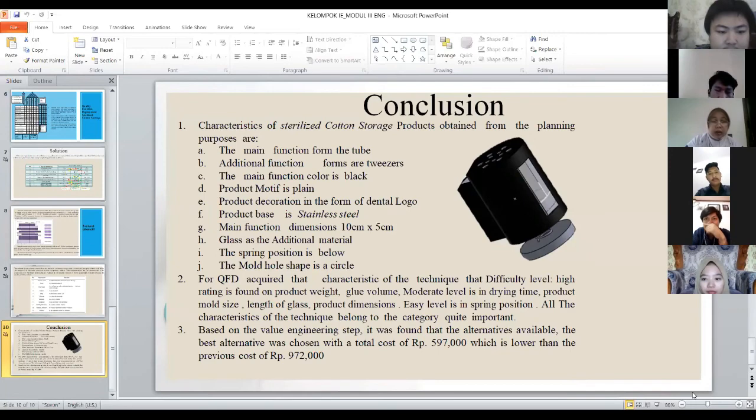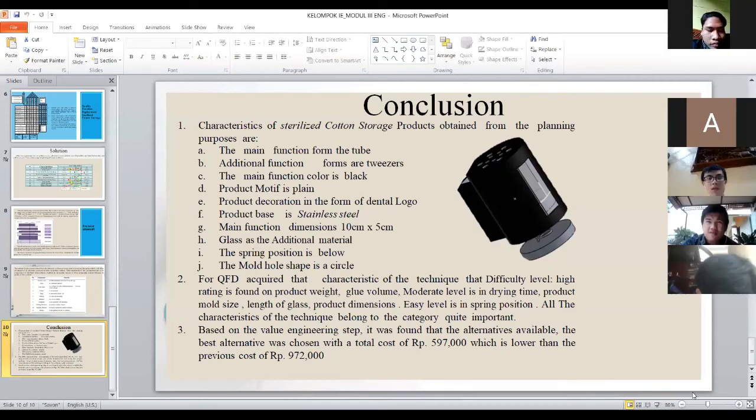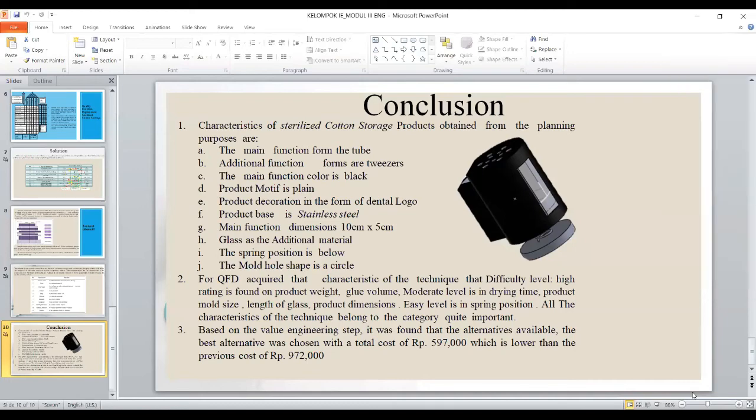And the last is, as far as I know, the dentists or the nurses never use their hand to take cotton, but use a chopstick or some material. What do you mean they use their hands? Actually, they didn't use their hand. Let me answer your question.